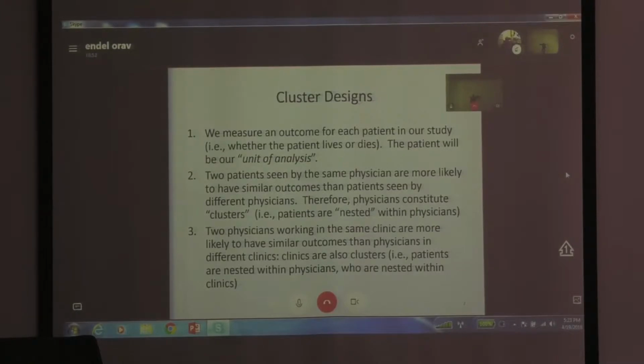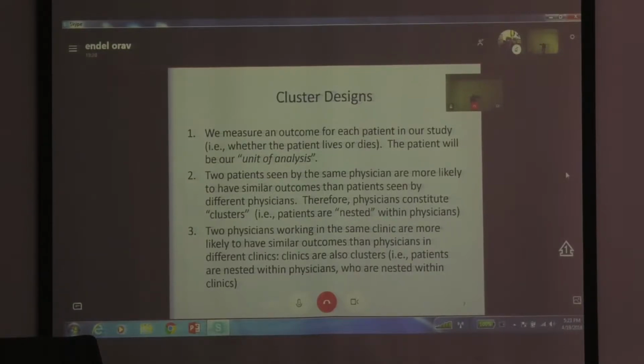Their outcomes are related to other patients seen by the same physicians or clinics or hospitals. It's a very interesting design, very useful. The analyses actually match perfectly well to what we're going to talk about next week. But we're going to keep things simpler this week by not going any further with cluster designs, unless you have questions you want to pursue.